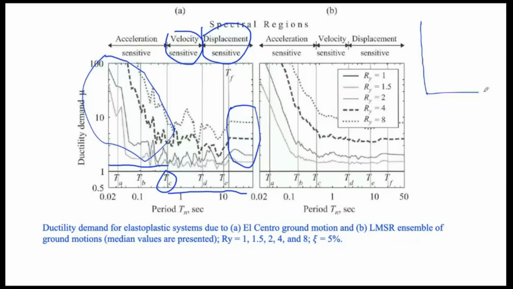For example, if you are in this range where the vibration period is more than Tc, we assume that for an elastic system, if we apply strength reduction, this deformation will be exactly the same. So u0 and um will be exactly the same. This is what it tells us. And this kind of behavior is called the equal displacement rule.